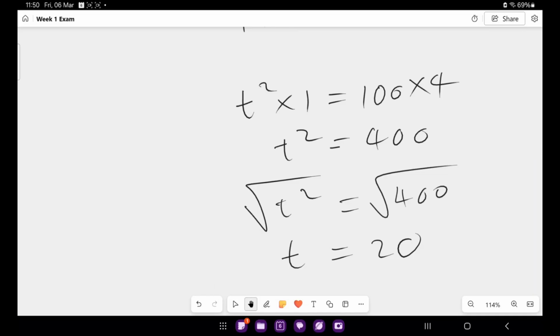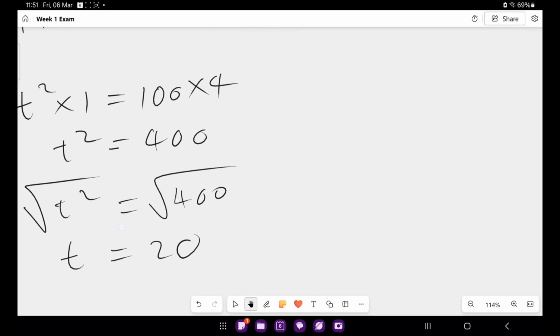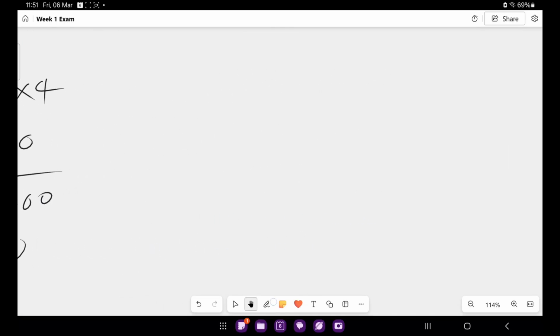But let's say you're in those type of scenarios whereby this is paper 1. If you check, it says November 2006, paper 1, question 23. So this is a paper 1 question. You don't have a calculator and you don't know what the square root is. So in this, I'll show you how to find the square root if you are stuck in such a scenario.